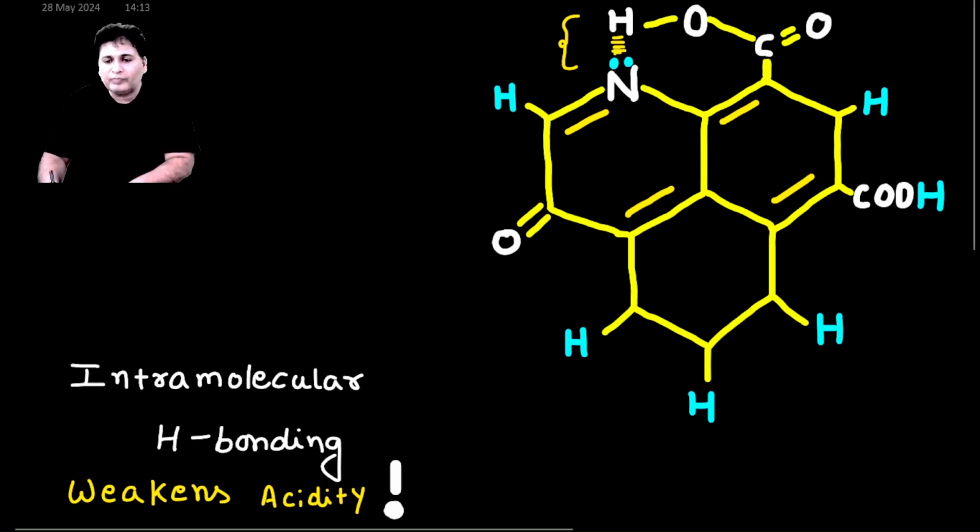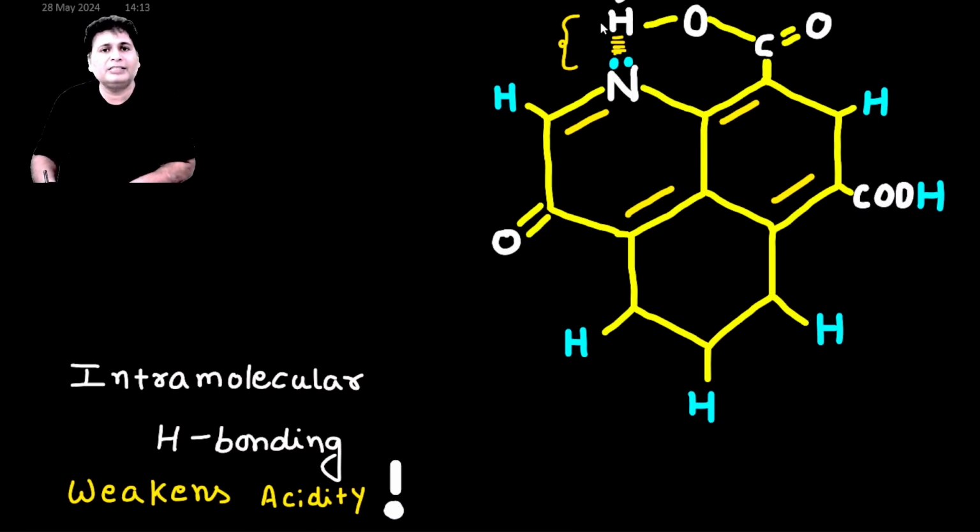If you see the proton which is attached as F, this proton is not a free proton. This hydrogen is involved in a very important type of bonding called intramolecular hydrogen bonding. And how it happens, you should understand. This is oxygen, which is an electronegative element, and hydrogen is attached to it.